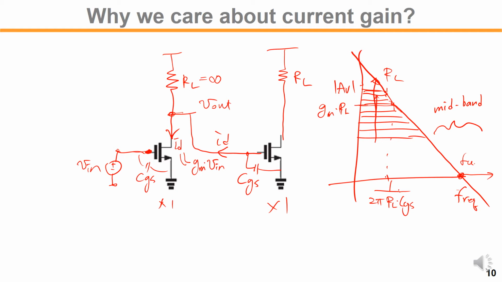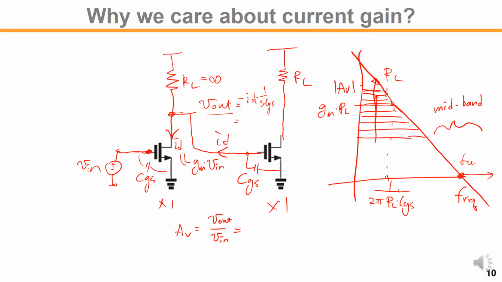Let's see again how to calculate AV, which is V out over V in. V out is loaded by CGS, so V out is minus ID times 1 over S CGS.